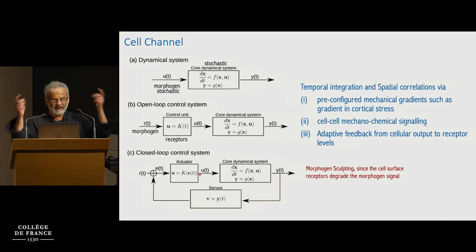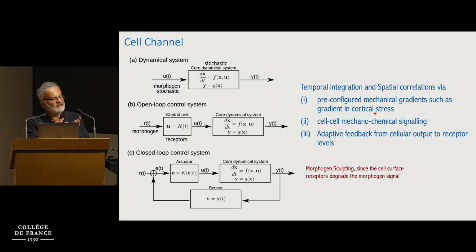allowing for a closed loop control. Okay, so you're bringing in the surface receptors as part of the dynamical system. Now, the two things I'd like to mention here are that there is a notion of temporal integration. That is, you're computing the output over a given time interval.